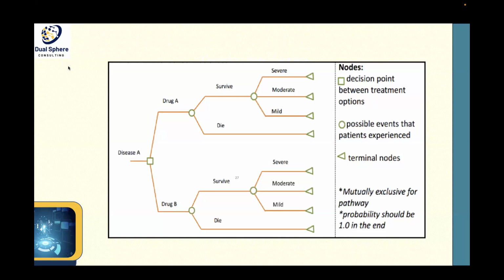Then from this square node, you will go to the different possible events which can happen after taking that drug. So the patient can survive or die. Just a vague example. Now, the ones who survive, either they have severe, moderate, or mild disease.